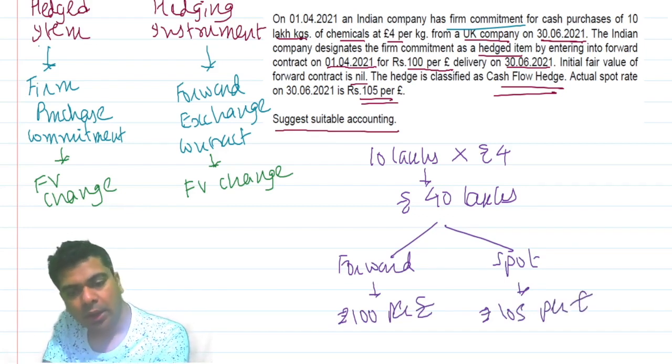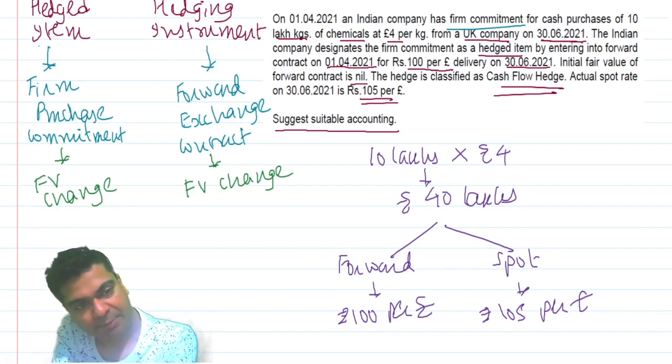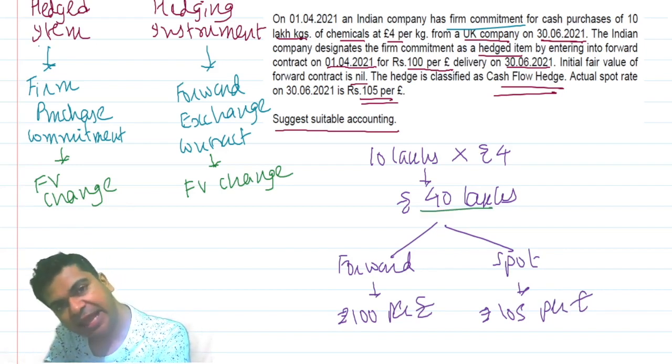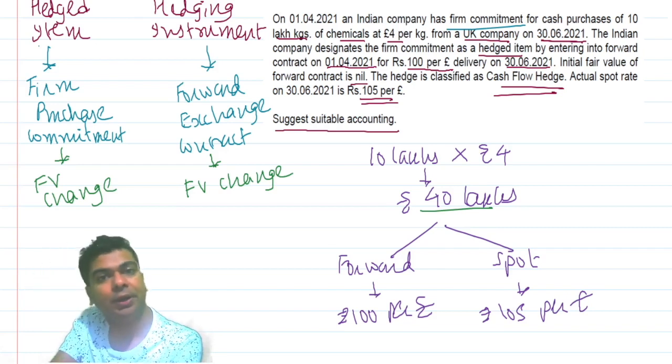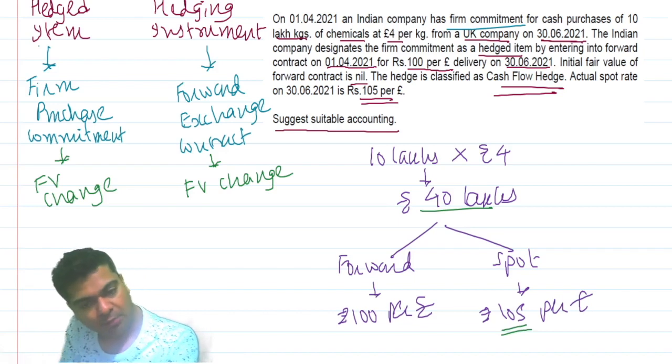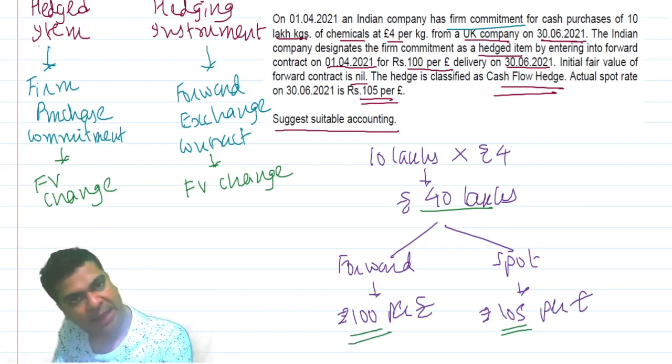You are basically supposed to make a payment of 40 lakhs. If you do not enter into any hedging technique, if you are not entering into a forward exchange contract, you will have to pay 105. But thanks to the forward contract, you will be paying 100.